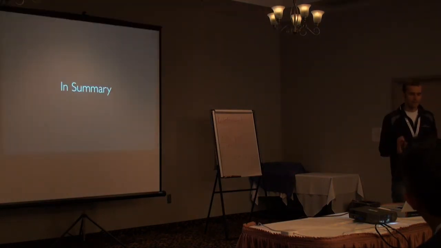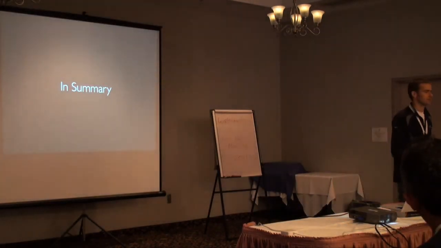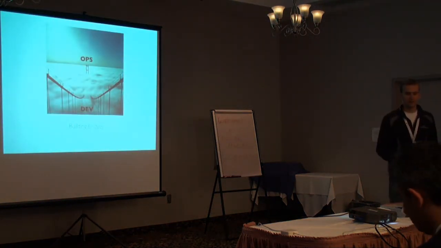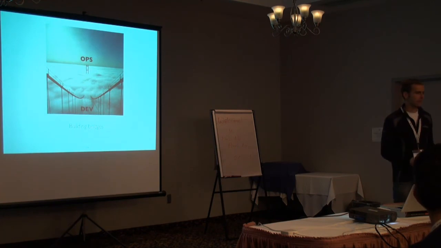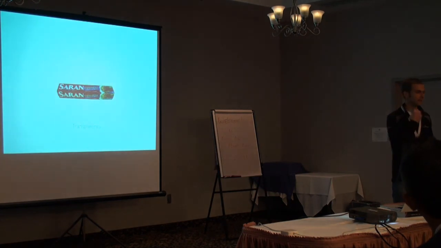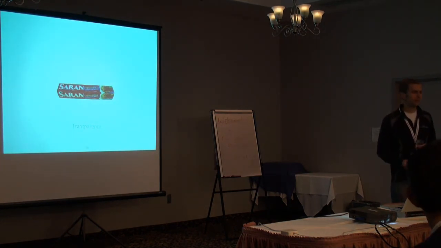So, in summary, DevOps is about building bridges between development and production. We do that by ensuring that there's some shared accountability between these two groups. The accountability is made possible by transparency, visibility into how the production environment is working.